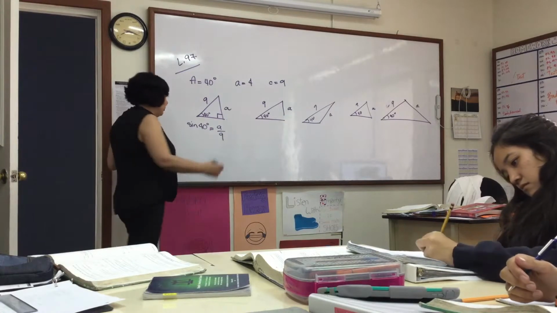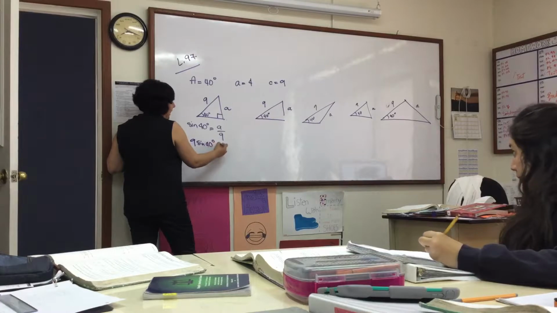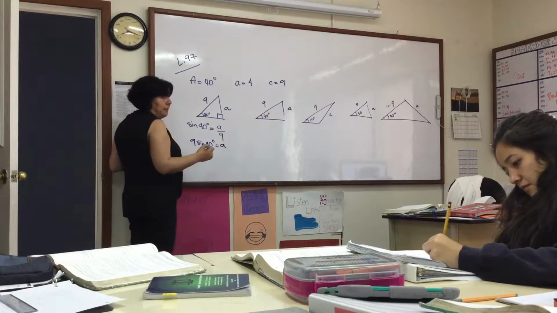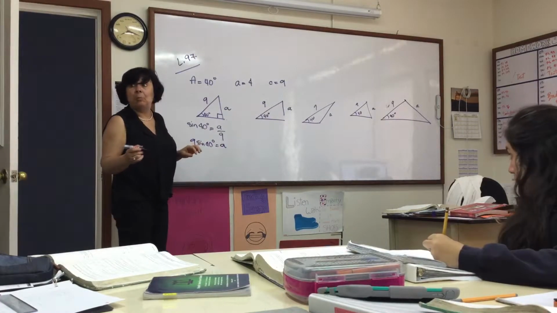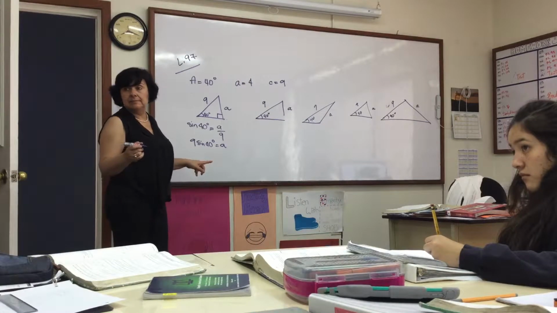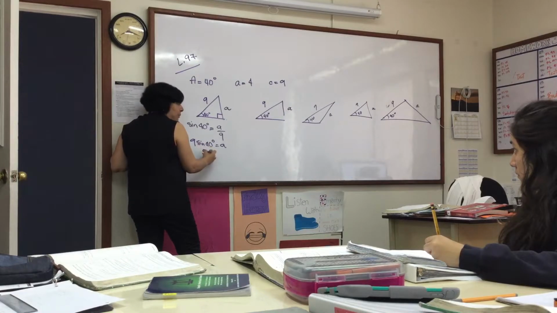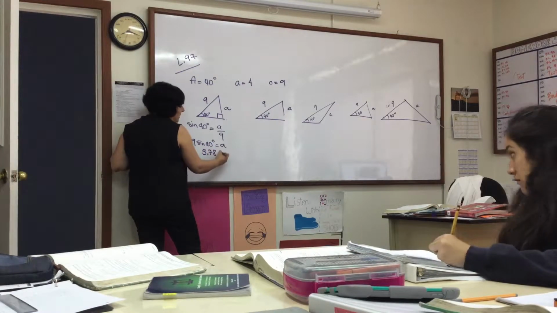Let's see if that's true. So 9 sine of 40, and somebody with a calculator tell me how much that is? 5.78.